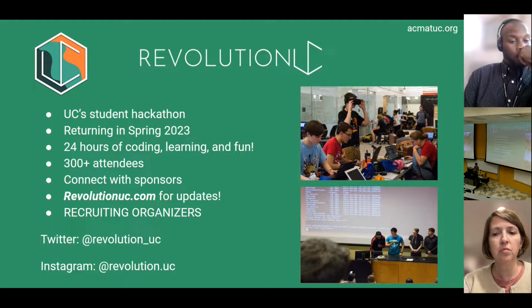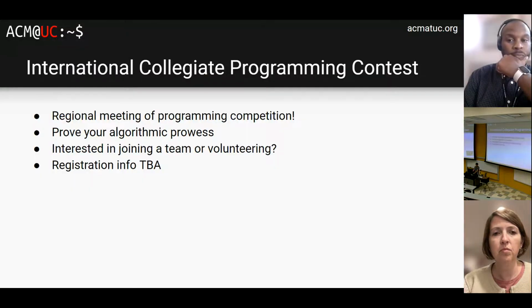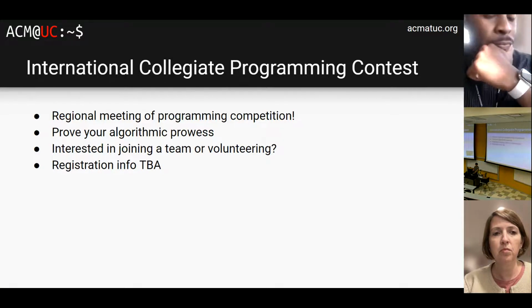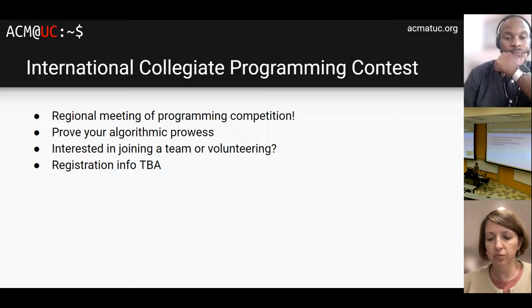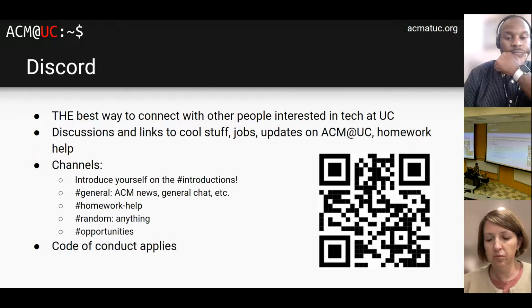So if any of you want to be an organizer, please come talk to me after the meeting. The ICPC is the regional programming competition to prove your algorithmic prowess. Registration info is to be announced at this moment.